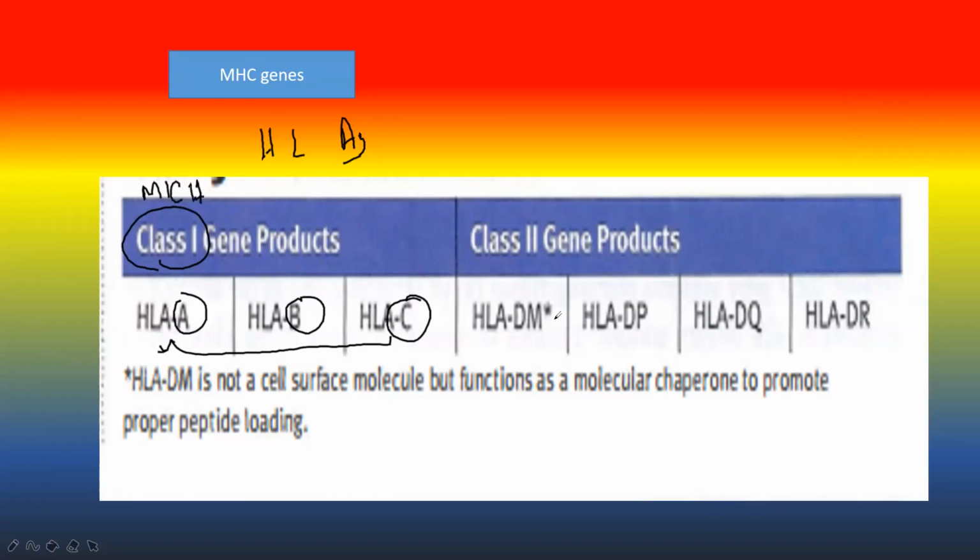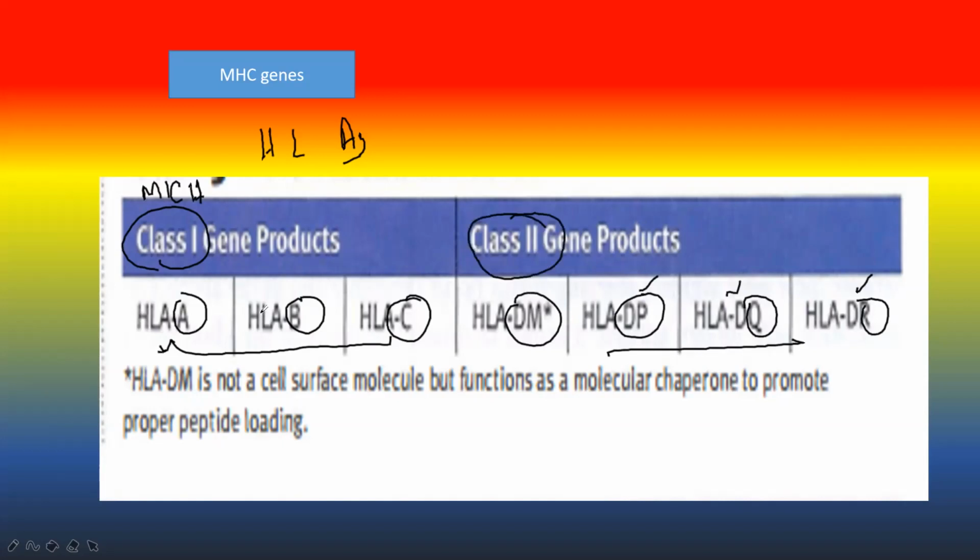For class 2, we have DP, DQ, DR, mainly these 3. Nowadays we also have DM, which is not much special. We have further categories like DP1, DQ, DR1, 2, 3, 4, 5. Too many families, this is very complex. Class 2 is more complex than class 1.